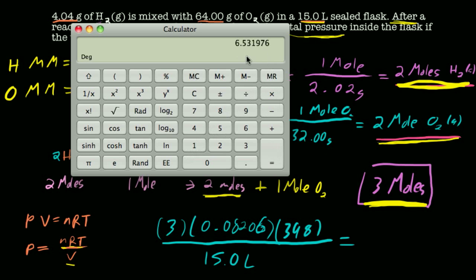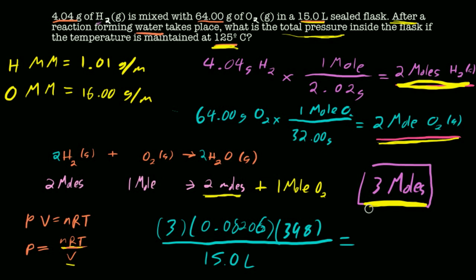And that's going to give us 6.53 atmospheres. And I think we have 3 significant figures. So this is going to give us 6.53 atmospheres. That's going to be the pressure inside our 15-liter sealed flask. And that's our final answer for this problem.